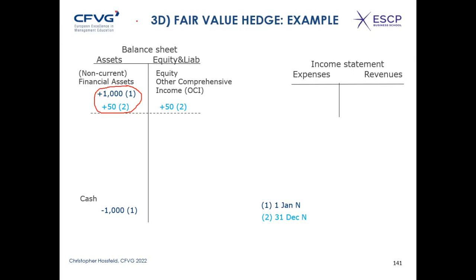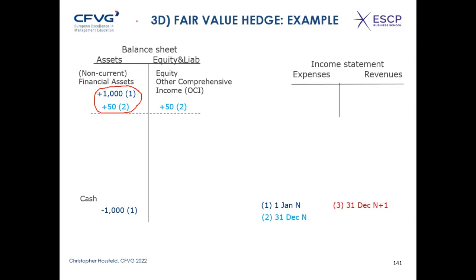Obviously, I need in my accounting somewhere, not in the balance sheet necessarily, a trace of my derivative. So even if I don't account for it, somewhere in my information system I need information that I engaged in this derivative, what's the volume, the conditions, and so on, because obviously I cannot keep no trace of my derivative. So I do have the derivative, but as of now, the fair value is 0.